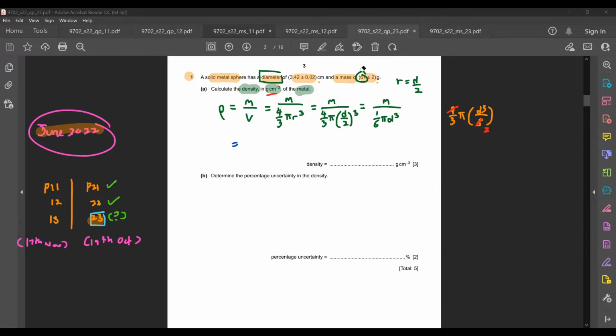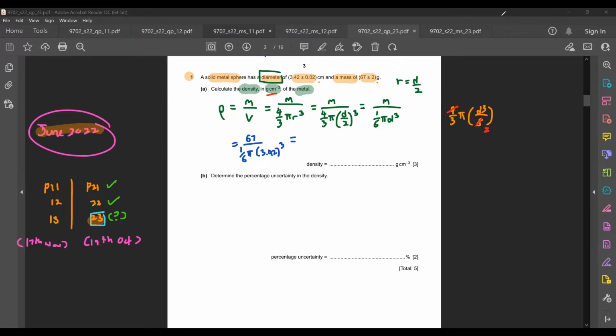So if we have the values here already, we can just easily sub in the values as 67 divided by 1 over 6 pi times 3.42 cube. So our answer would be 1 over 6 times pi times 3.42 power 3, 67 divided by the answer.